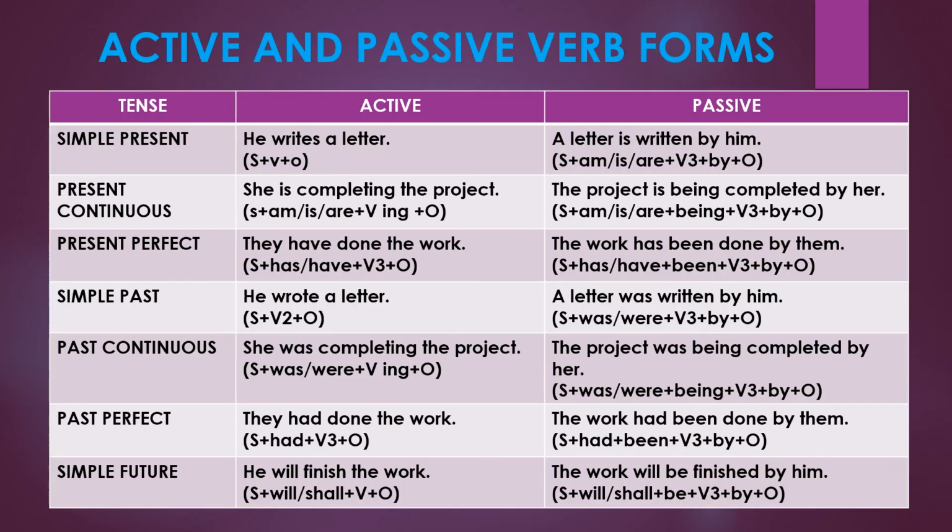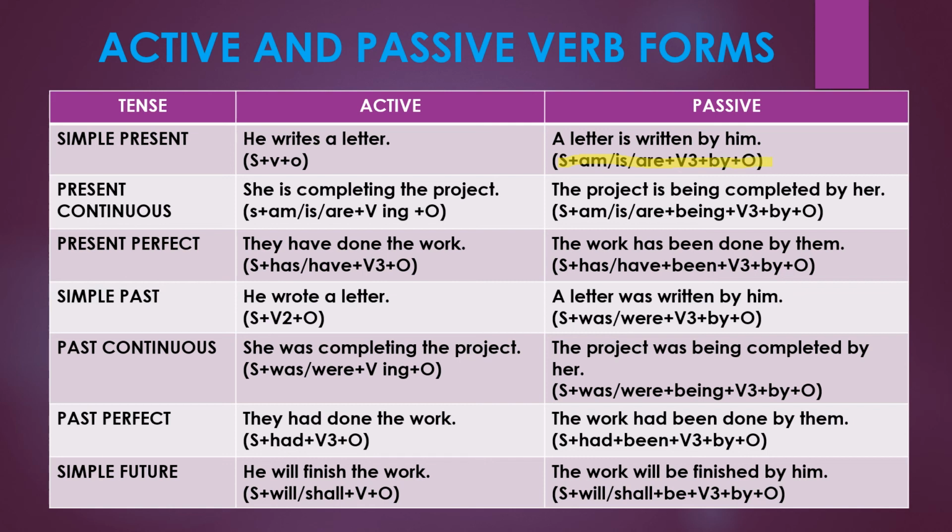Here is the overall table of active and passive verb forms. In simple present tense, the active will have this structure, and in passive, we change it like this: subject, the auxiliary verb is, am, are, then third form of verb, by, object.